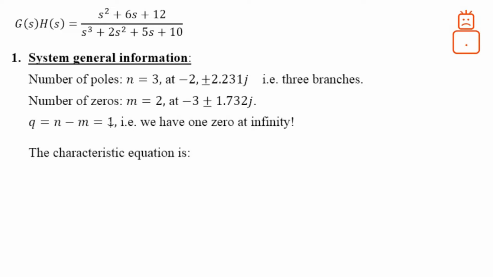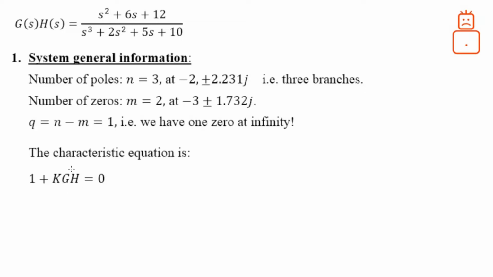Let's do the characteristic equation. The characteristic equation is given by 1 plus KGH equal to 0. It is important to mention that here in this system we are drawing the root locus for changes in the control action, or the control gain K, that varies from 0 to infinity.